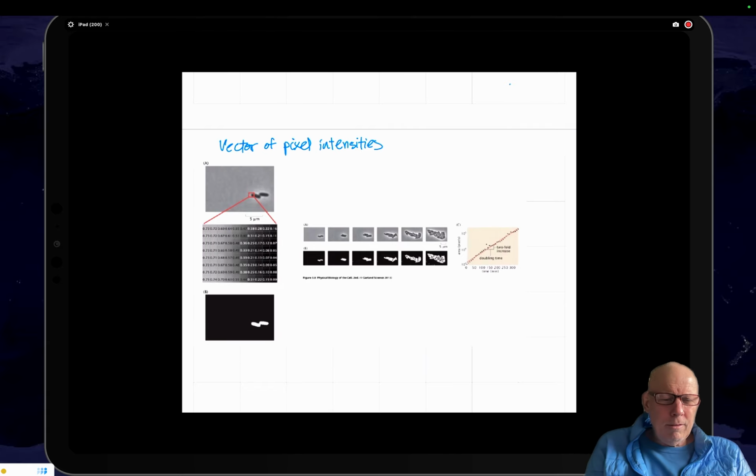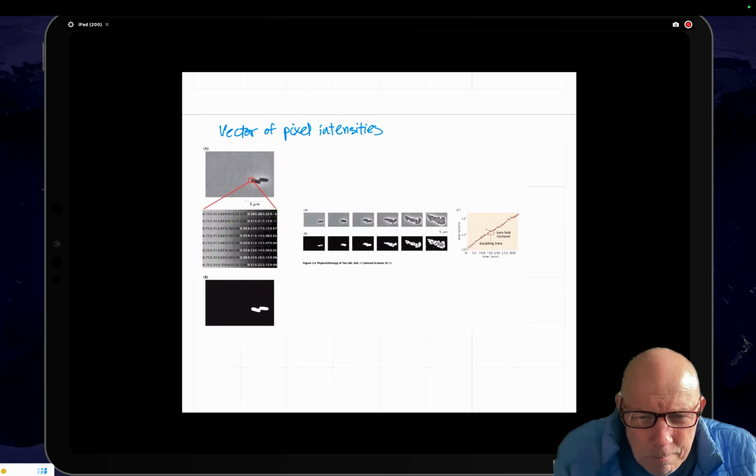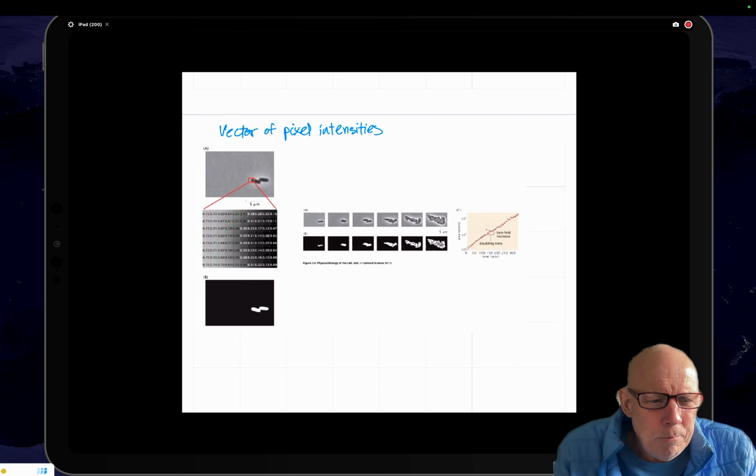We can also think of images in that way. So here what I'm showing you is a microscopy image of E. coli cells, two of them in particular. And what I want you to notice is that the intensities can be written basically as an array of numbers. Let's say that our image is 1,000 by 1,000 pixels.